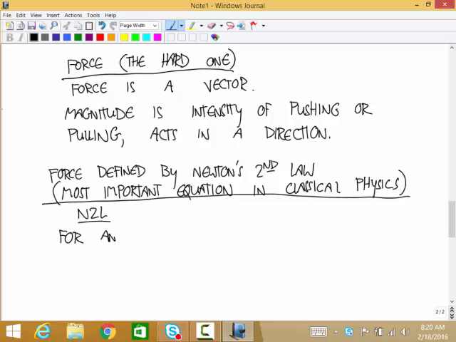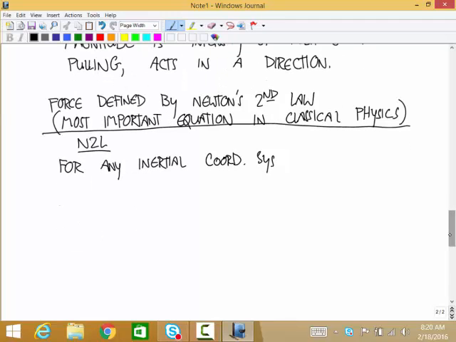For any inertial coordinate system, and have I mentioned what inertial coordinate systems are before?